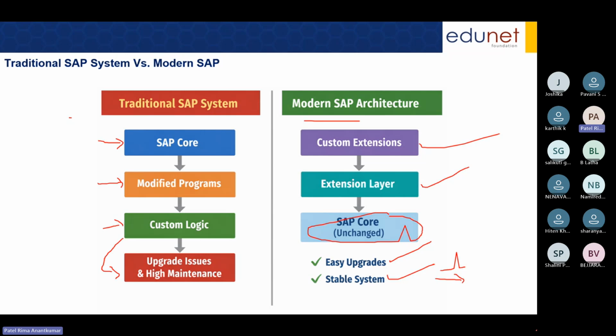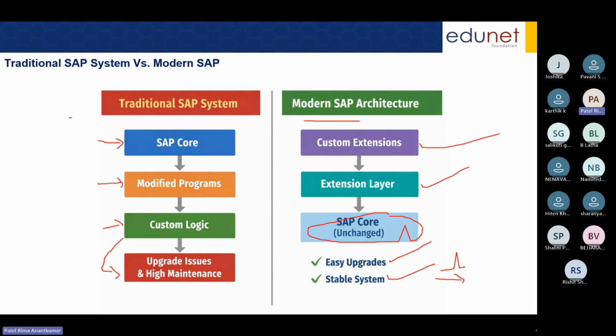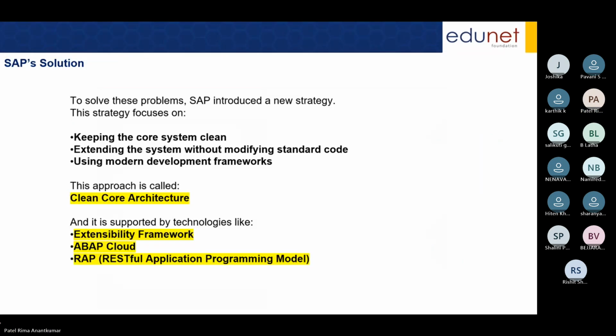So this is the traditional versus modern SAP architecture. Now let us understand how we are going to use this extension layer, and how we are going to implement the customization we want in our program. The solution is: it is not that we don't want innovation or customization.